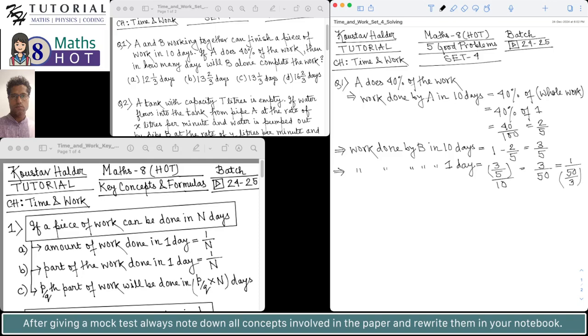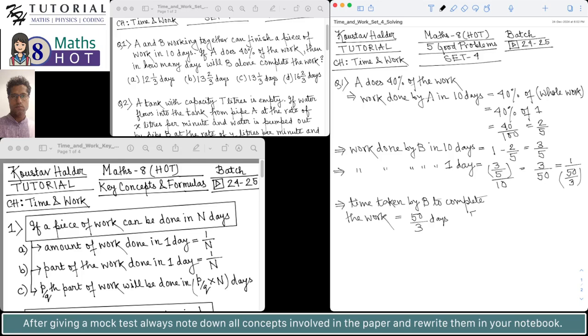So now we can say that time taken by B to complete the work will be equal to 50 by 3 days.